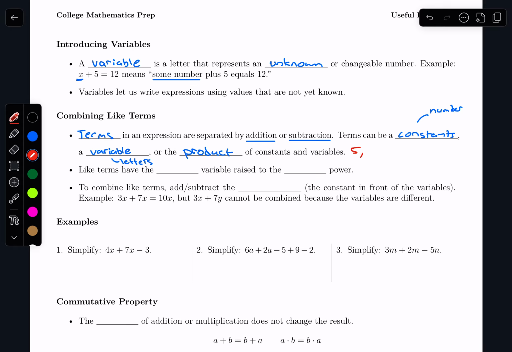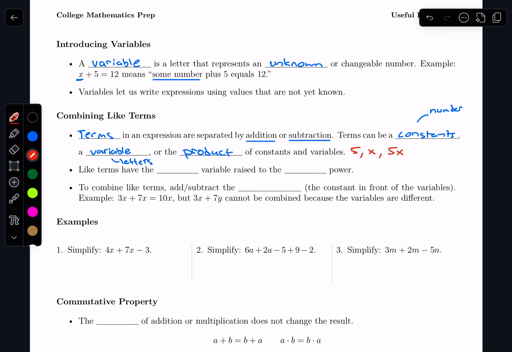Or we could have the letter x, that is a term, and that is a variable. Or we could have those multiplied together as 5x, where that is the product of constants and variables. So it's either just a number, just a letter, or the product, so multiplied together, letters and numbers.